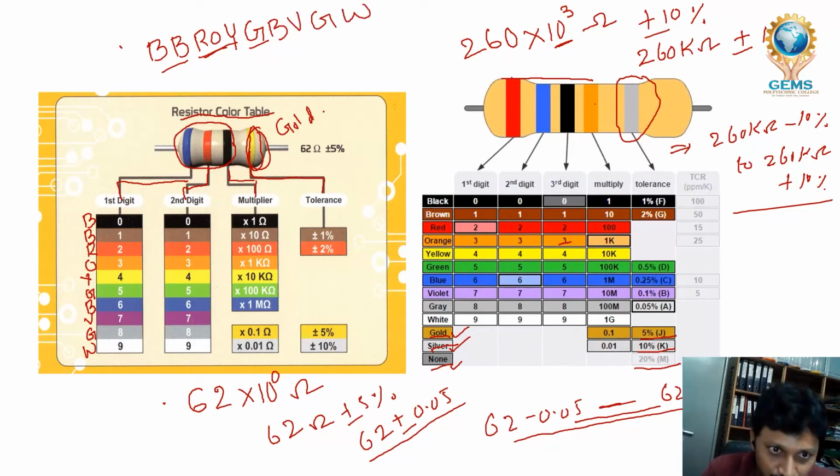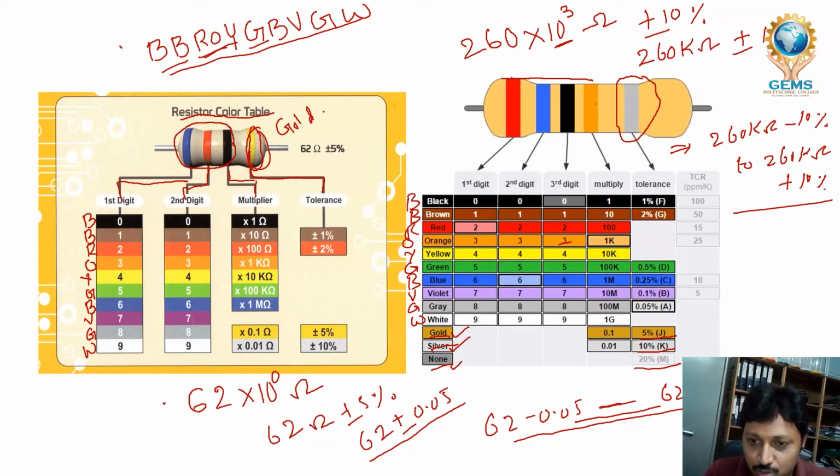That's how we have to remember. B means first black, brown, red, orange. Y means yellow. G means green. B means blue. V means violet. And G means gray. And W means white. These are the color bands.